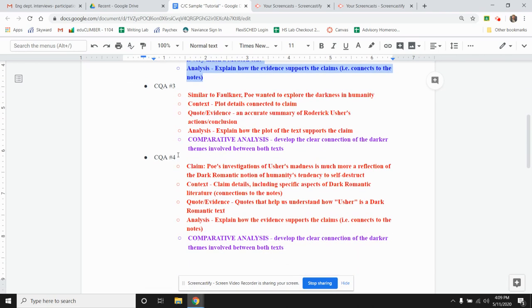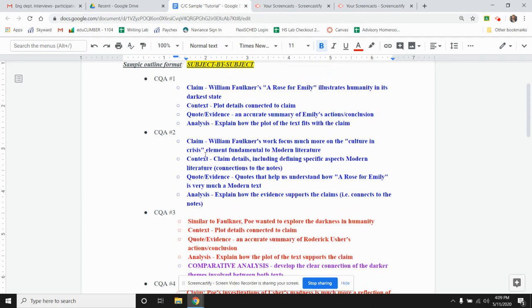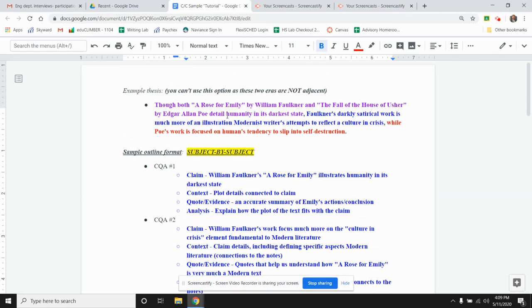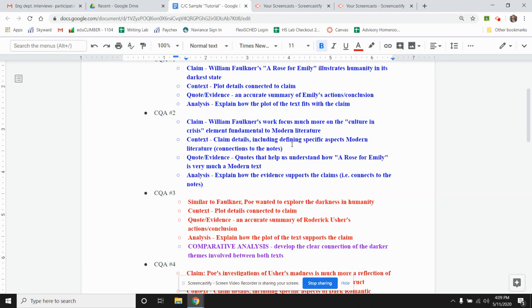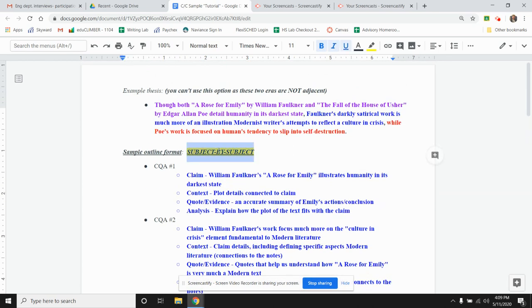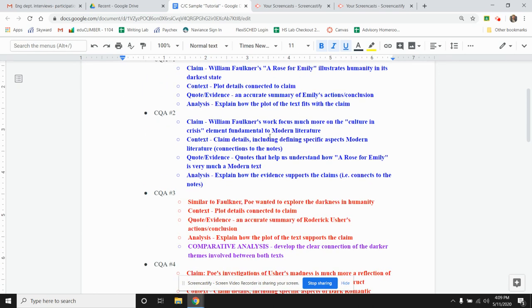You'd then transition again to CQA 4, again centrally focused around Poe and Poe's Fall of the House of Usher, CQA, and then comparative analysis, where you're comparing and contrasting the information within the analysis to the information that's in the CQAs above. So that's subject by subject.